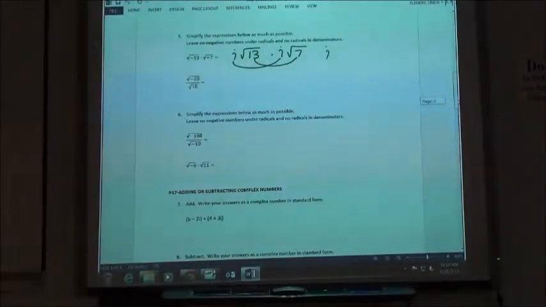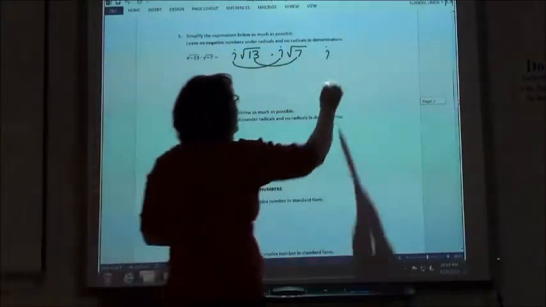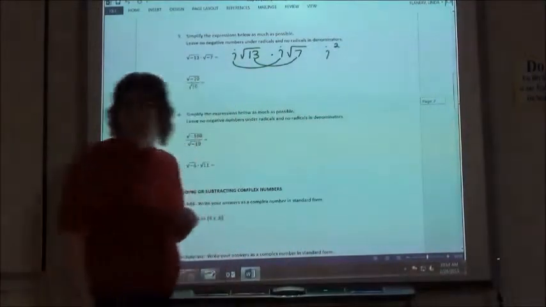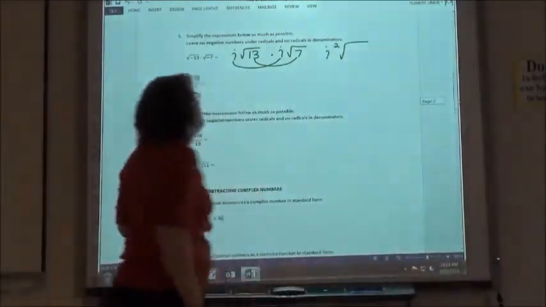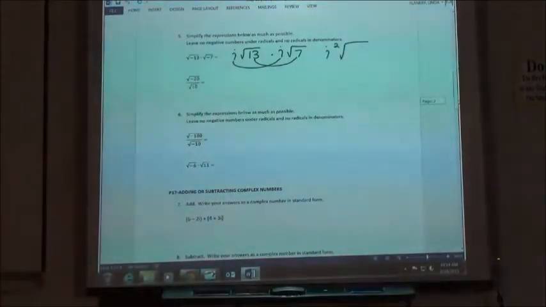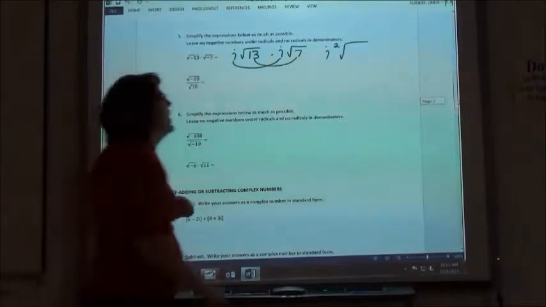And an i times an i is an i to the second power. Then the square root of 13 times 7. Is that 91? 91.